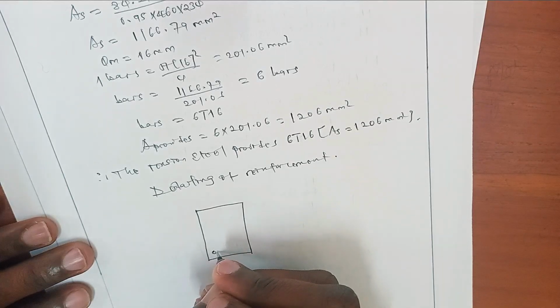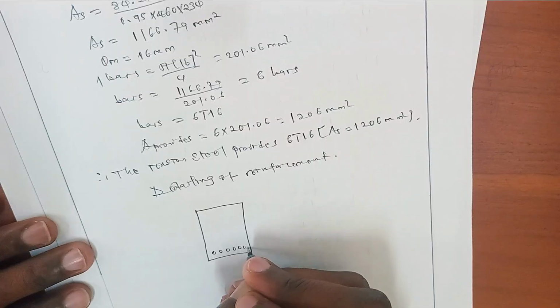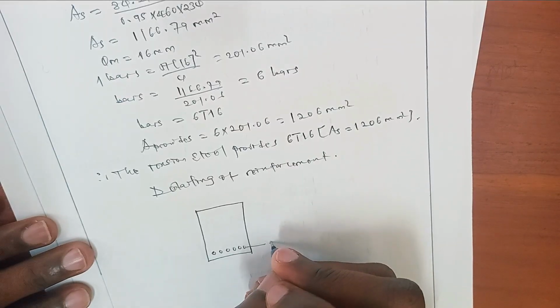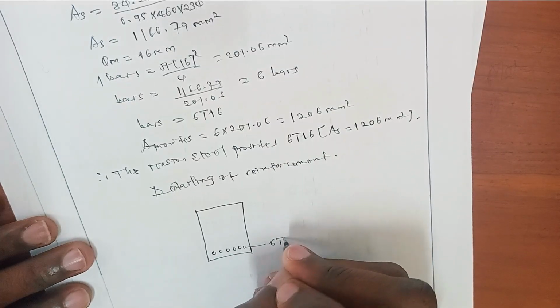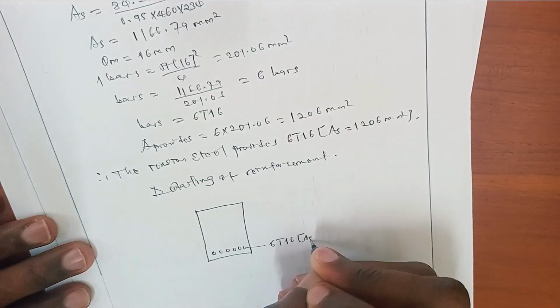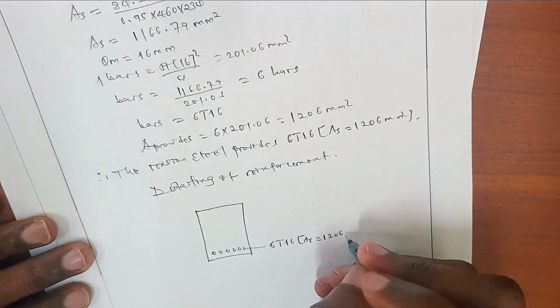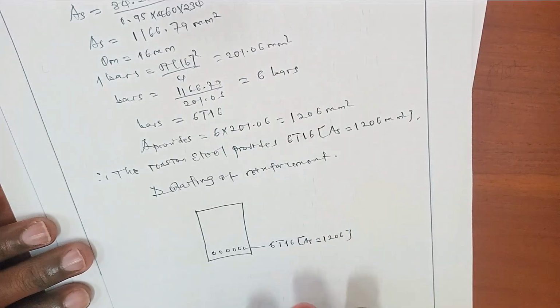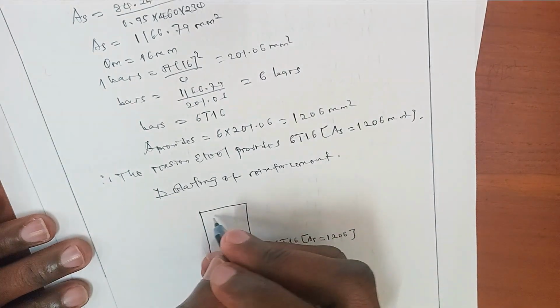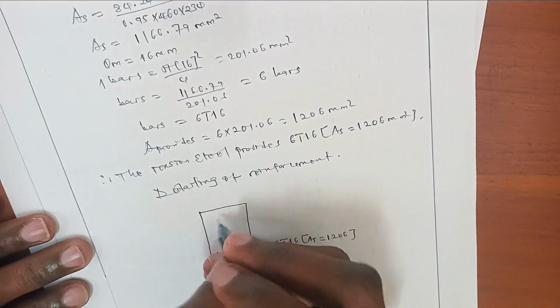So we provide the number of bars 6: 1, 2, 3, 4, 5, 6. These are 6 bars with diameter of 16, which gives the area of 1206 millimeter square. Okay. For a double reinforced section, we have the reinforcement of compression, which is provided at the top of the section.